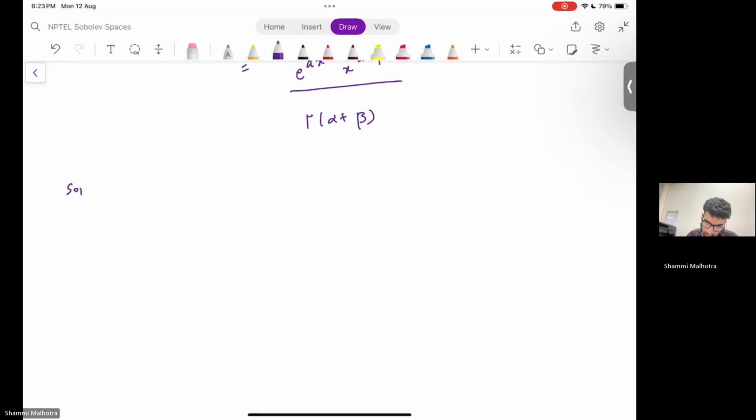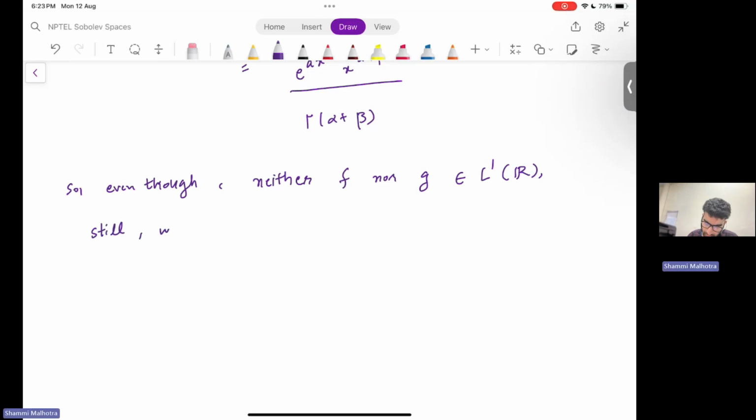So even though neither f nor g belongs to L1 of R, still we are able to define f convolution g.